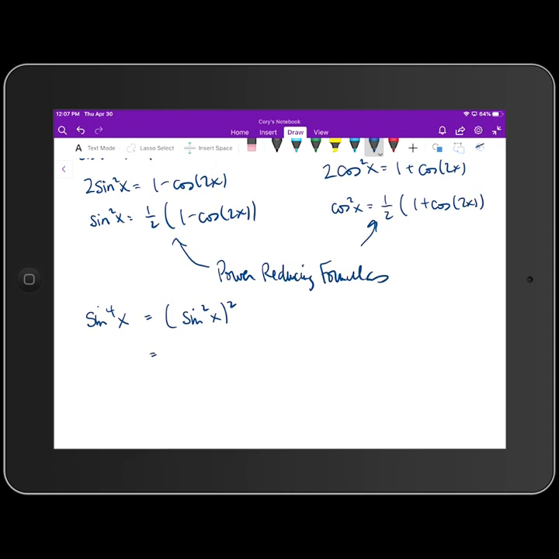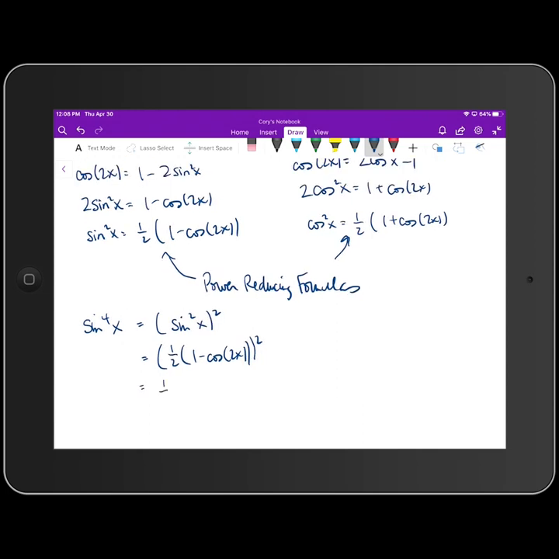We can replace sine squared with the power reducing formula, 1/2 times 1 minus the cosine of 2x, quantity squared. Then we apply the square to each of the factors. So we can rewrite this as 1/2 squared, which is 1/4, times the quantity 1 minus the cosine of 2x squared.